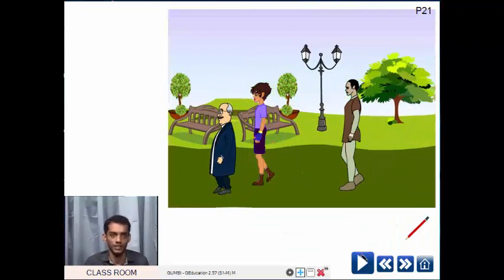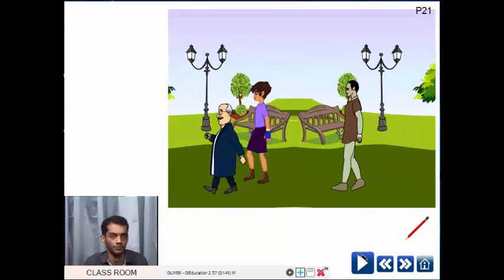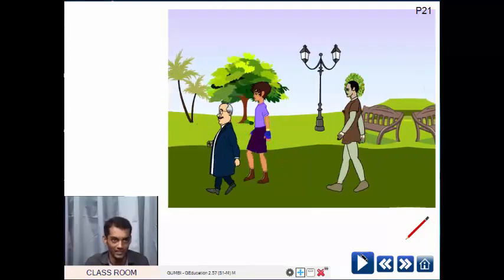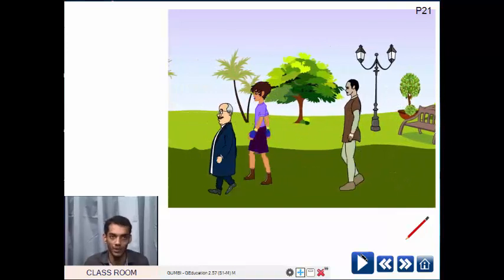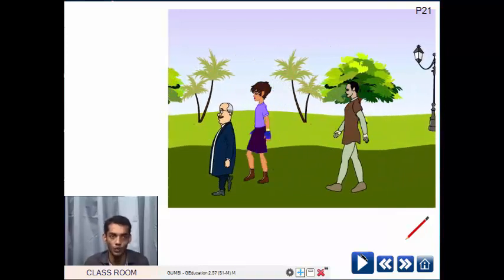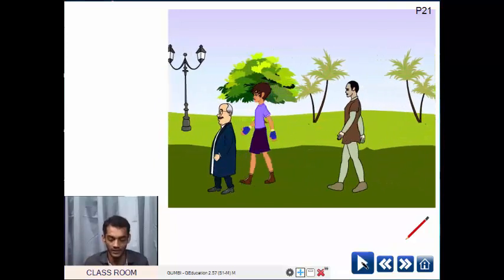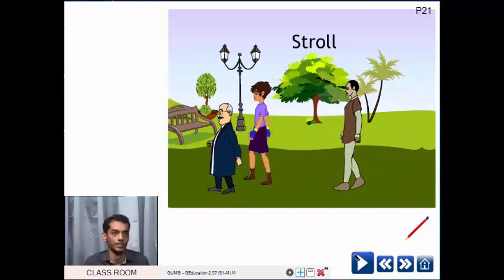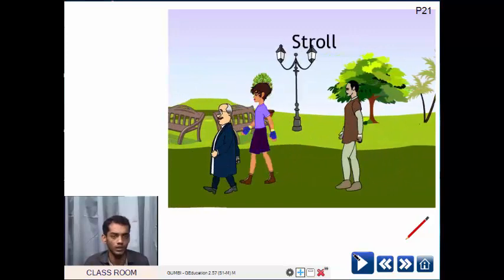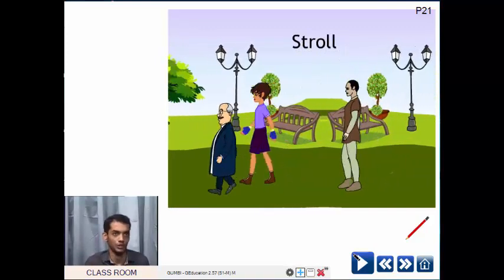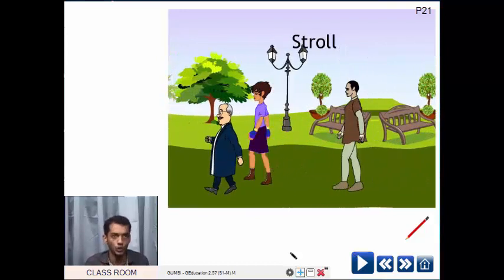Okay, look at the picture. What are they doing? Sir, they are walking, sir. Yes, I know you will say walk, but here they are not walking. They are strolling. Do you know what the word stroll means? No, sir. I will tell you. Stroll means to walk somewhere in a slow, relaxed way.